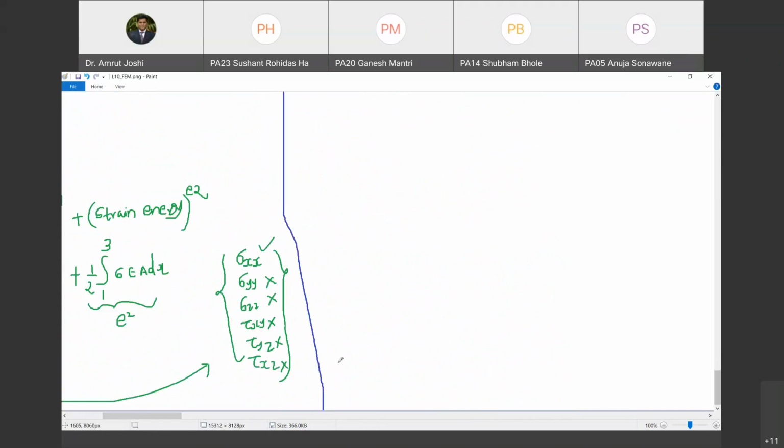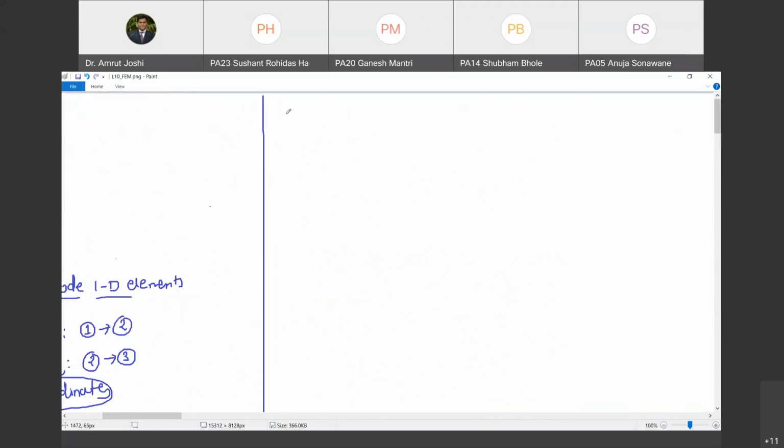So let me write that down. The stress tensor, which is 1 cross 1 in this case, is equal to matrix C, which is also the constitutive matrix but 1 cross 1 in this case, multiplied by the strain tensor, which is 1 cross 1 in this particular case. Are you with me? Yes, sir.